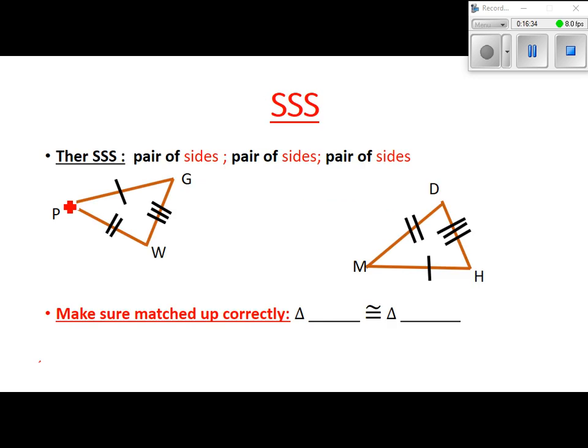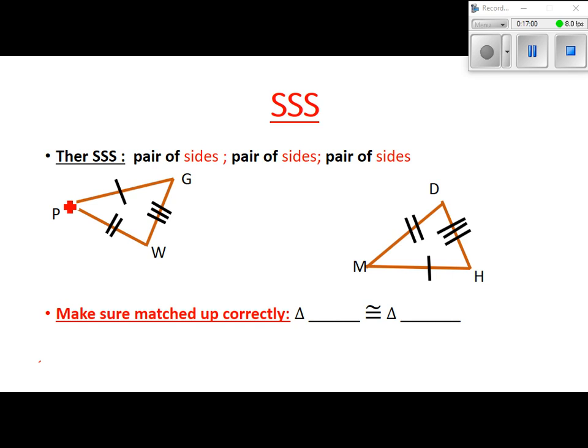Fill in what you need to fill in on this one. SSS, you just told me it stands for side, side, side.